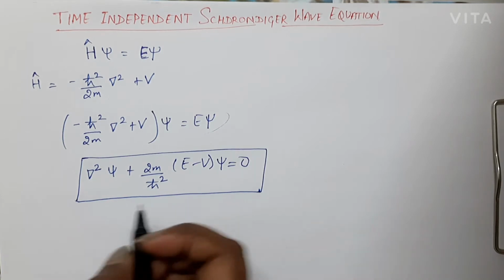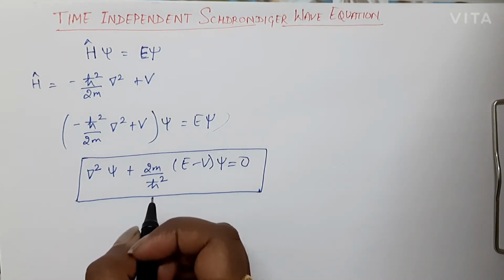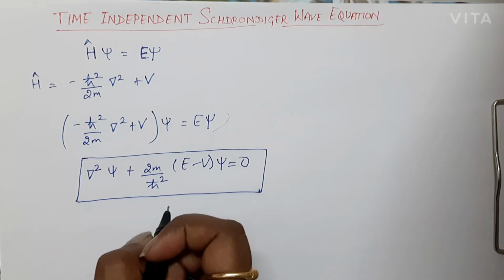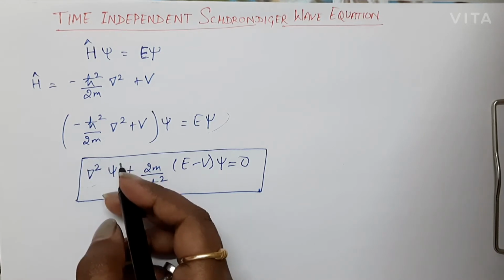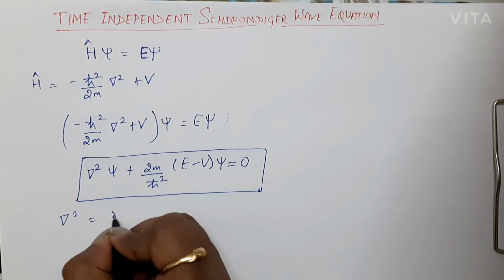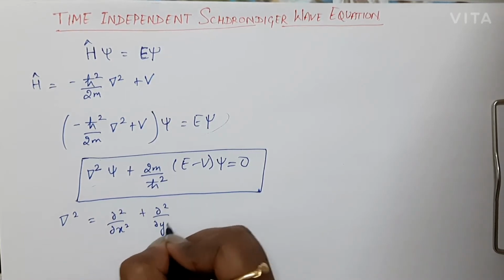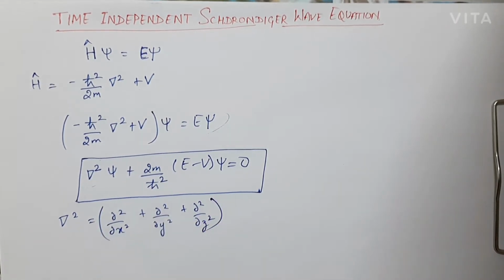Now this equation for the Schrodinger wave equation is for 3 dimensions, right? If we want to change it into 3 dimensions, then this value of del square will be replaced by this one, right?